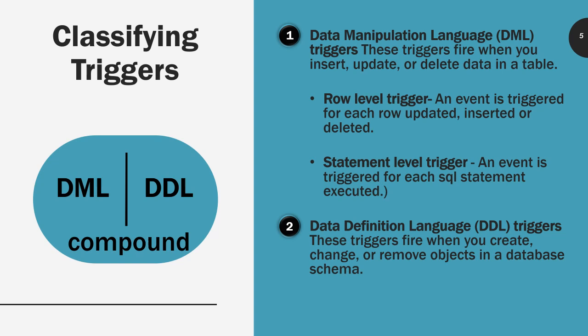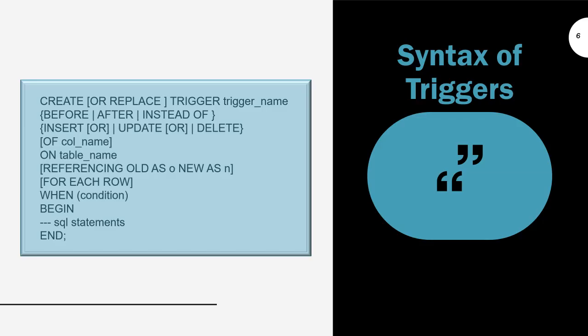It can be a statement level trigger, so you can have a trigger that fires at a specific statement aimed at a specific component of your data. On the definition language side, the DDL, you can have triggers fire when you create, change, or remove objects in a database. So they are quite broad in their capabilities.